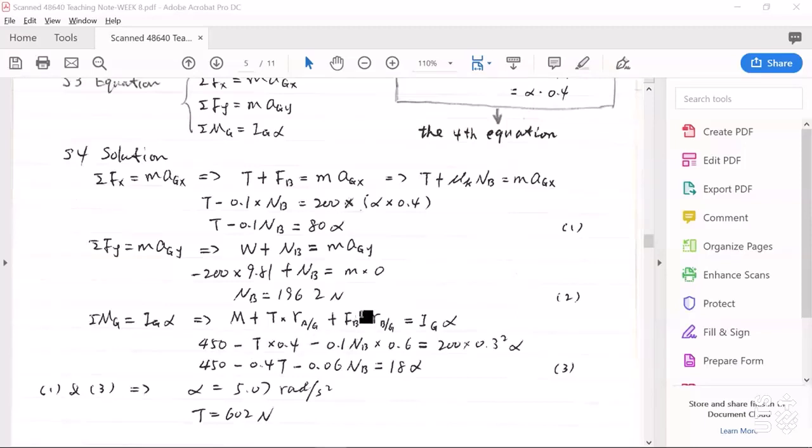The moment generated by FB is also clockwise, negative. On the right side, it's the kinetic moment Ig alpha. We can substitute MB into this equation to work out FB. Now, using equation 1 and equation 3, we can work out alpha and T.